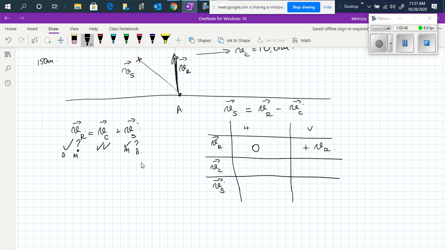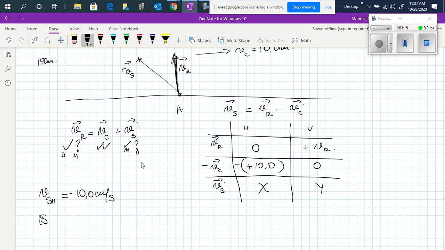For the current, the horizontal is positive 10 and the vertical is equal to 0. For the swimmer, we have, let's say, an x and a y. So the horizontal component of the swimmer is negative 10 meters per second.